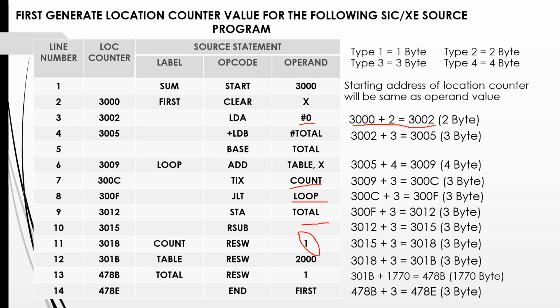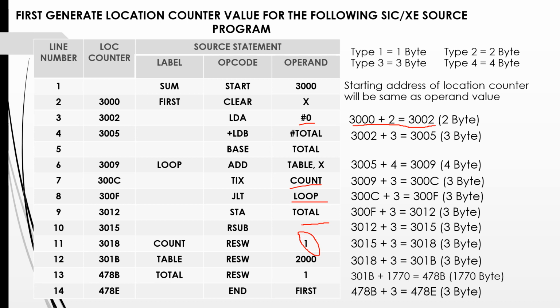And for this 1, you'll have the instruction type as 3. Therefore, 3018 plus 3 is equal to 301B. You'll add that 301B in the next step of the location counter.